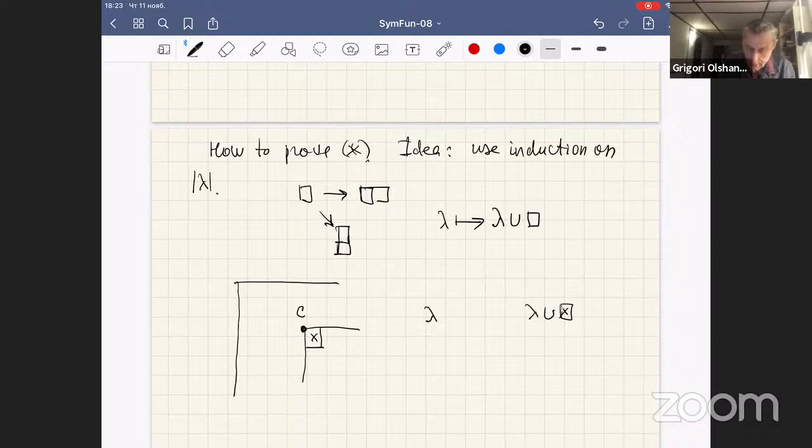So we have some x and y. We look only at one coordinate of x, which is c. And after this rearrangement, we obtain on the right, instead of the c, two inner corners, which are c plus 1 and c minus 1.